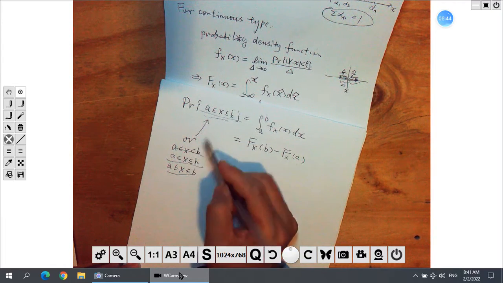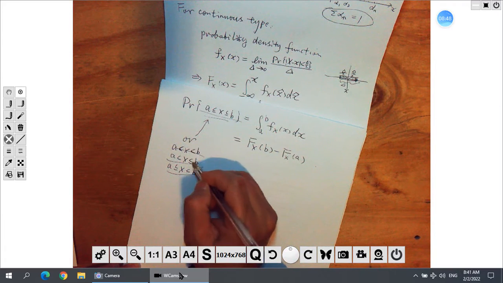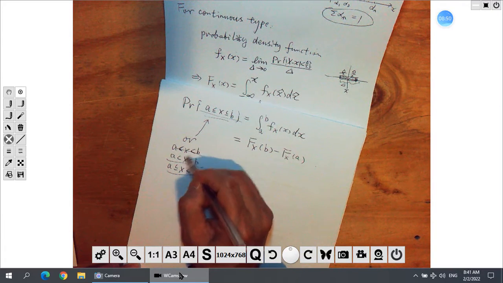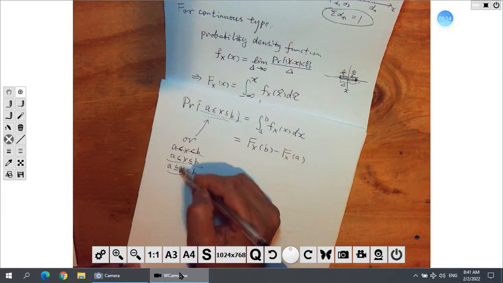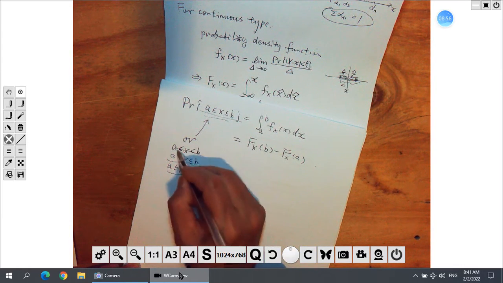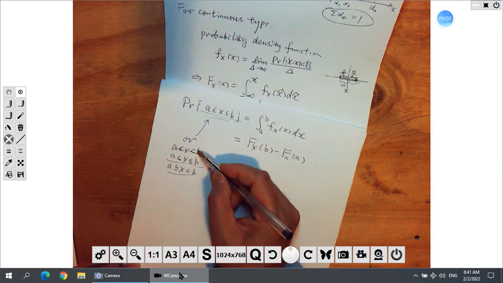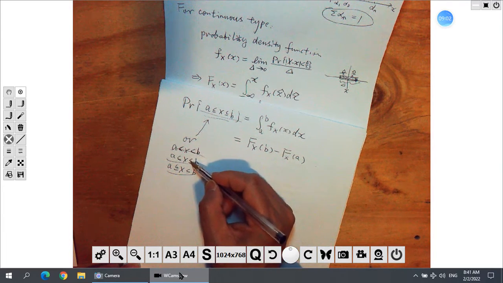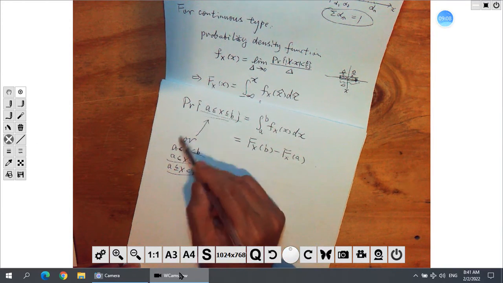The difference is just at both ends: you have equal or do not have equal. So the difference between these 4 is at most these 2 points. Here both are equal, here both are not equal, so the difference is just 2 points.